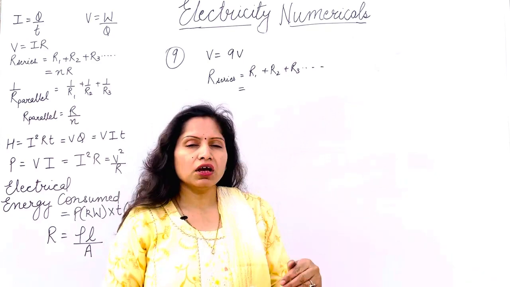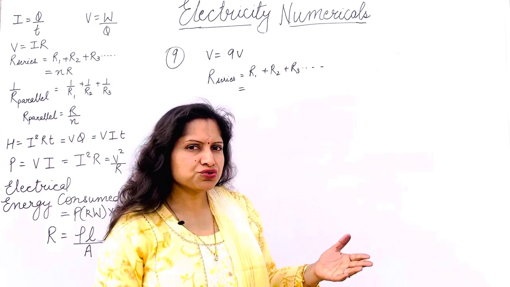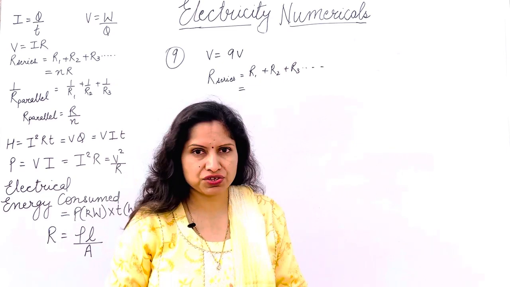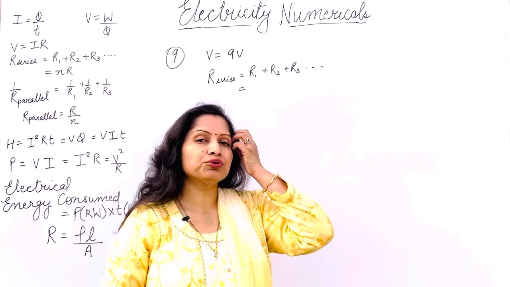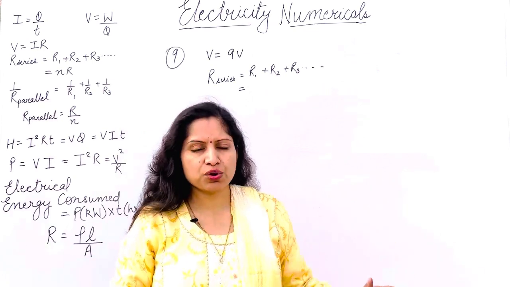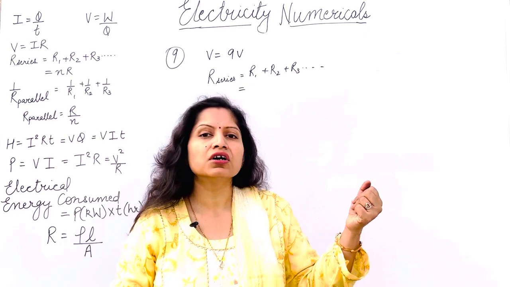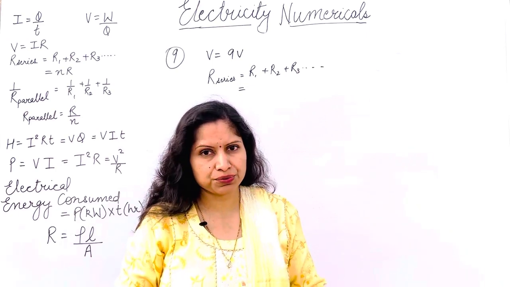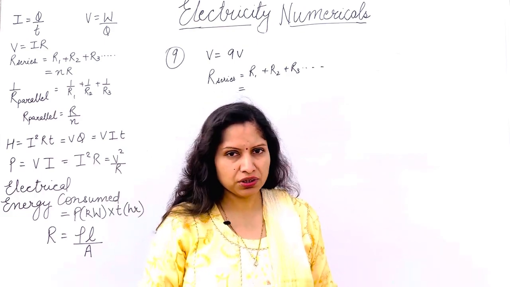We are asked to find the current flowing through the 12 ohm resistor, because in series combination the total current flowing through the circuit remains the same. So whatever current is flowing through the 12 ohm resistance is the same current flowing through the 0.2 ohm or 0.3 ohm resistor also. Total resistance will affect the total current passing through the circuit.